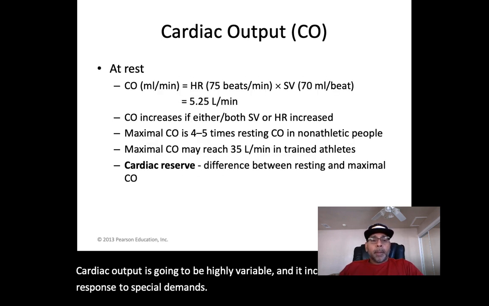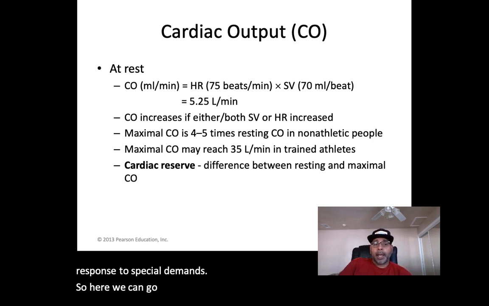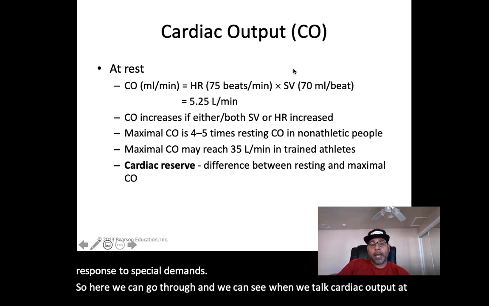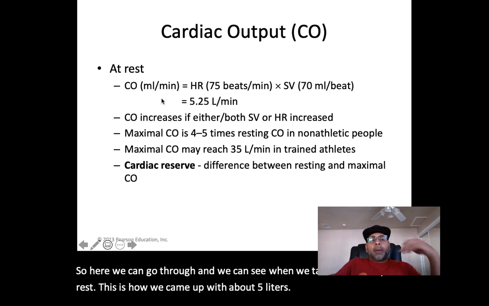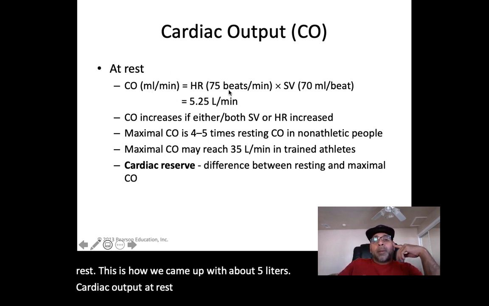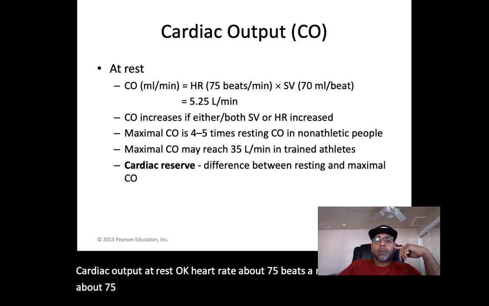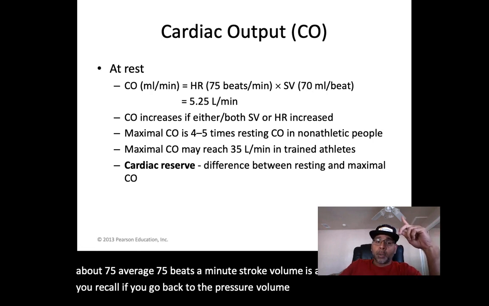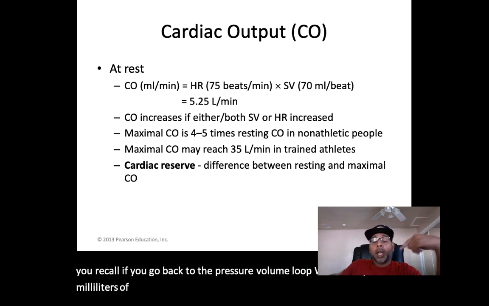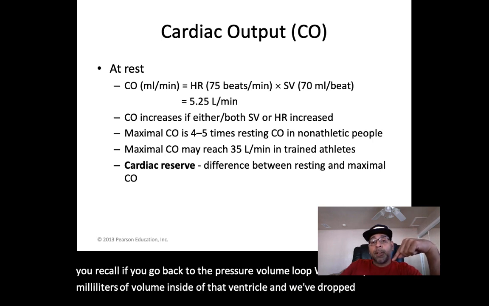Here we can see cardiac output at rest, and this is how we came up with about 5 liters. Heart rate is about 75 beats a minute on average. Stroke volume is about 70 milliliters. If you go back to that pressure volume loop, we went up to 120 milliliters of volume inside of that ventricle, and we dropped all the way down to 50.